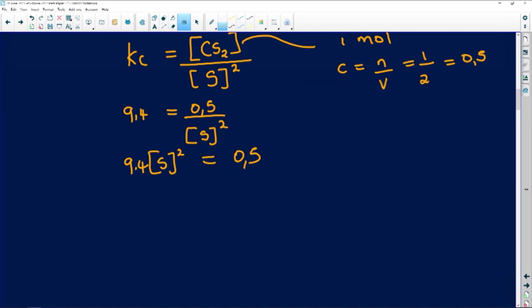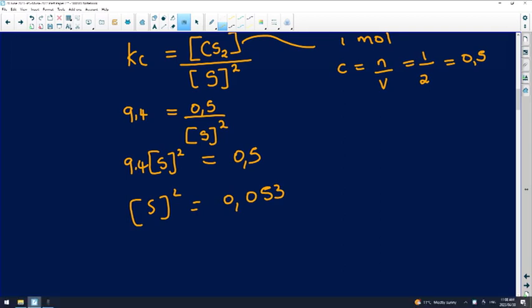So we have the concentration of S, which is squared, is the same as 0,053.